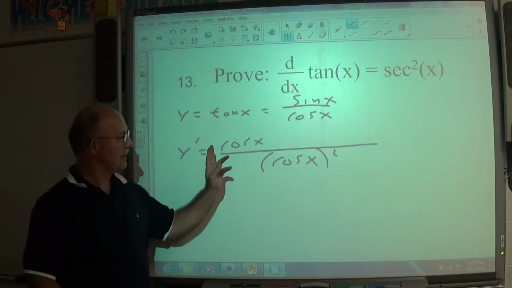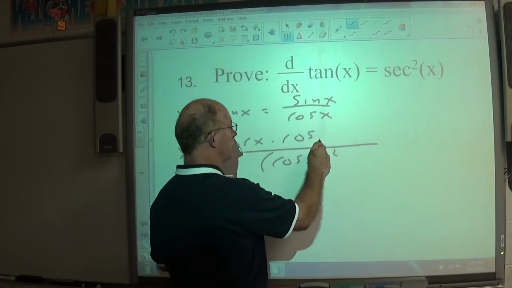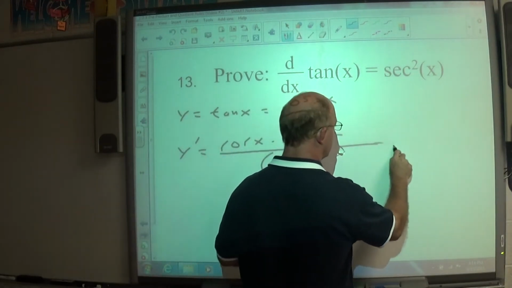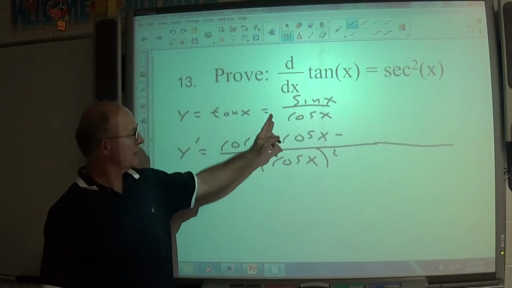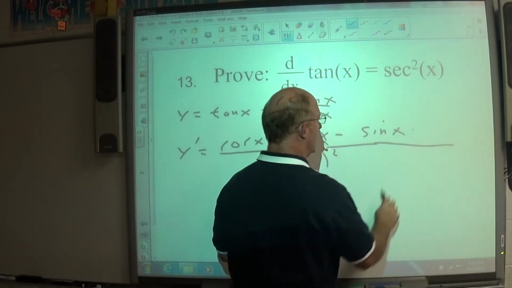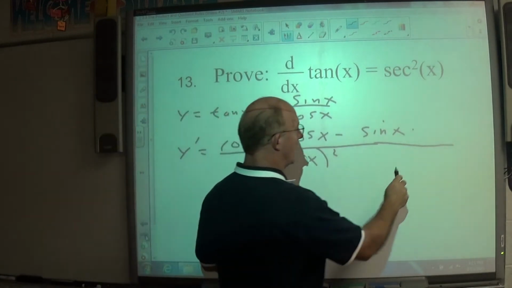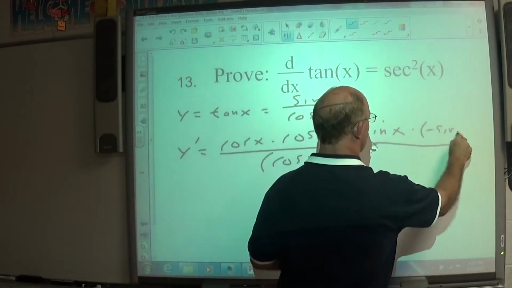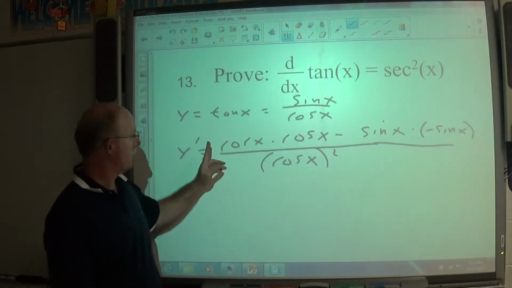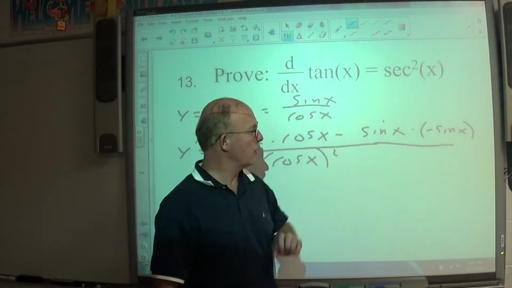So remember, the bottom times the derivative of the top. Now the derivative of sine x is cosine x, minus the top, which is sine x, times the derivative of the bottom. The derivative of cosine is negative sine.